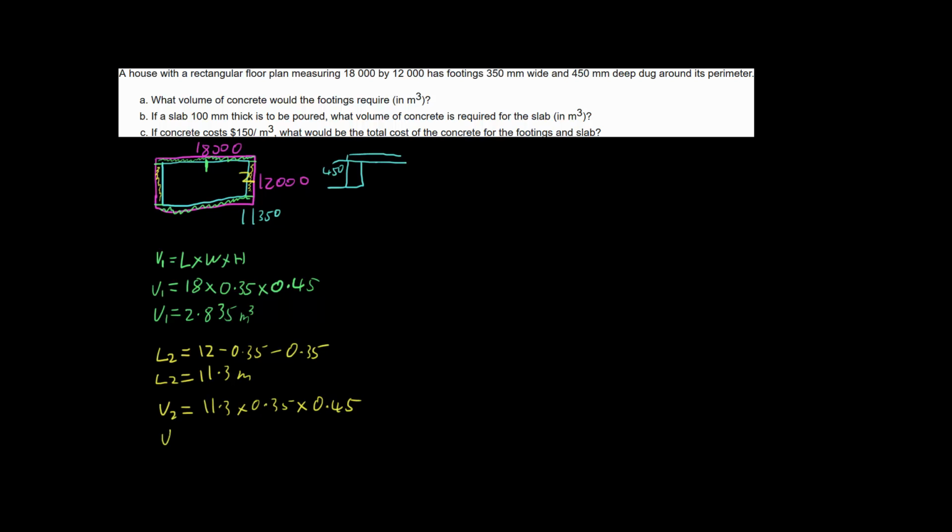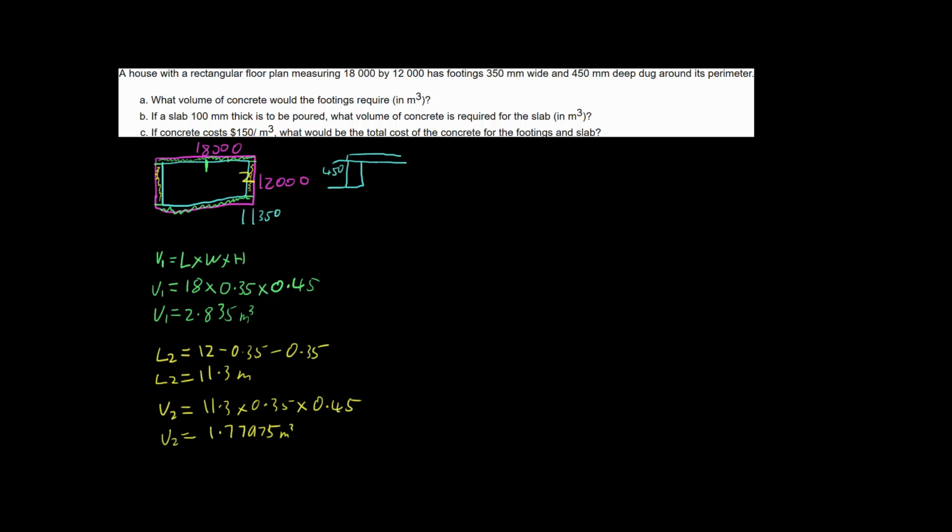So we can now get our volume by multiplying these out, and we get a volume of 1.77975 meters cubed. Now I'm writing out all the numbers here just so that when we use this later, I'm getting an accurate answer.